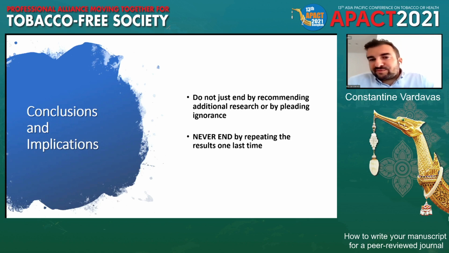Those things don't stem from the results. Or, as I say, you don't cure cancer and you don't solve global warming and have global peace in the conclusion section. The conclusion section should stem only from the results of your manuscript. It should never cure global war, peace, and global warming. Those things we leave for other topics.